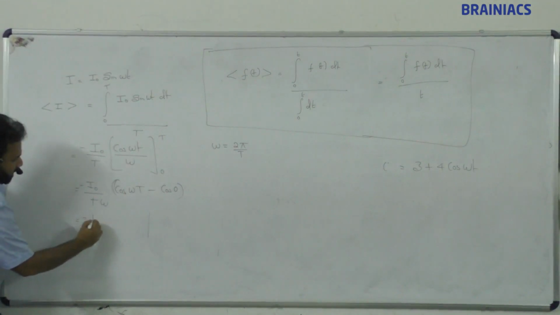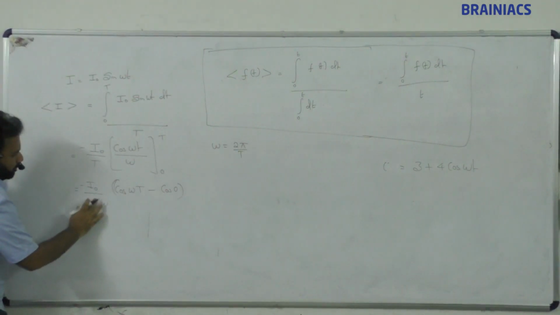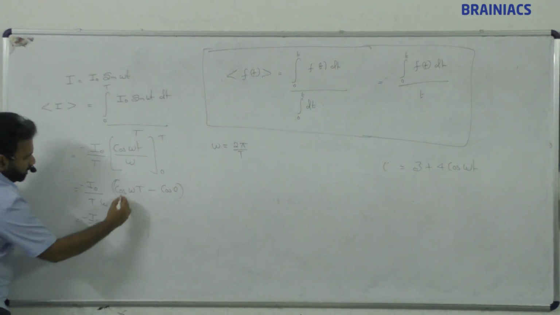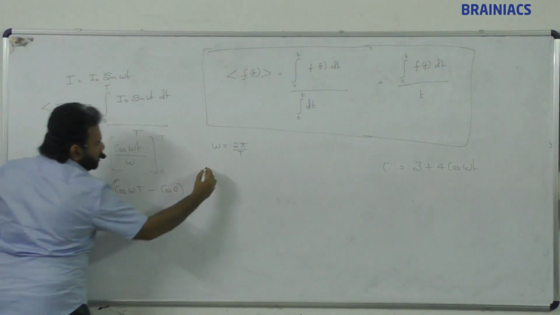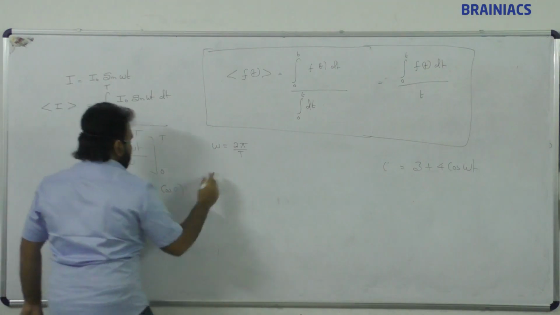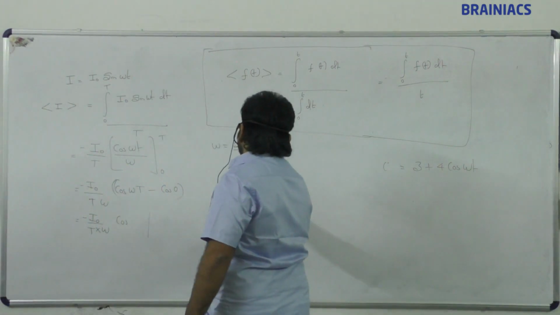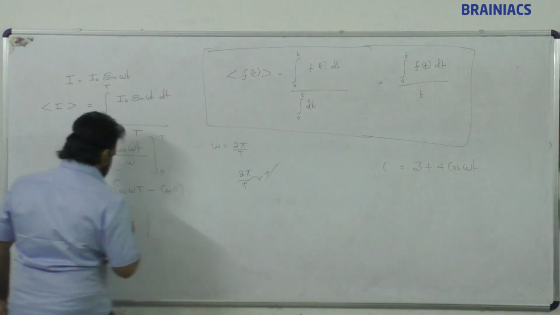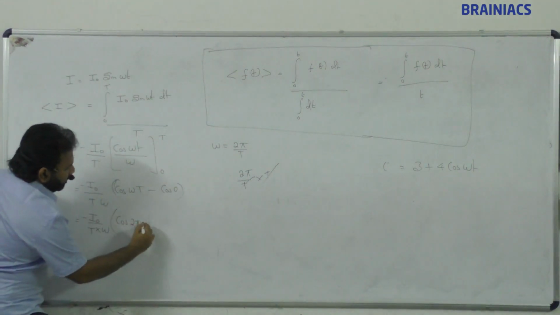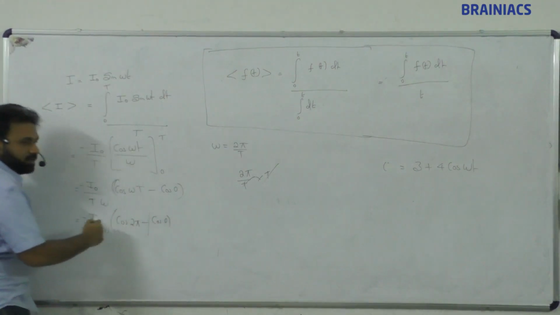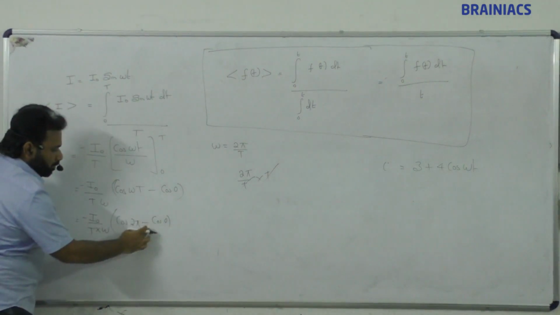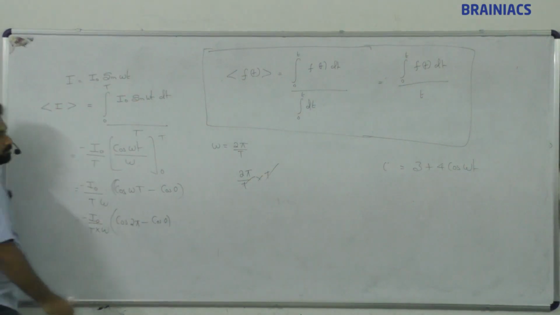Omega is 2 pi by T. So the answer is minus I naught by T times omega, cos of (2 pi by T into T) minus cos 0. So this is cos 2 pi minus cos 0. What is cos 2 pi? This is 1.